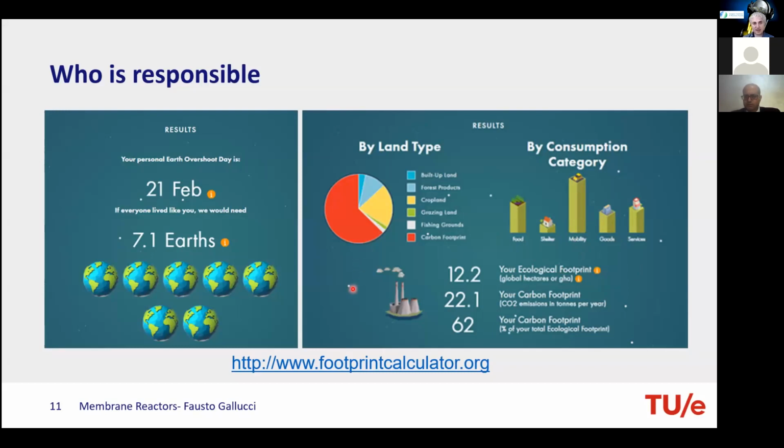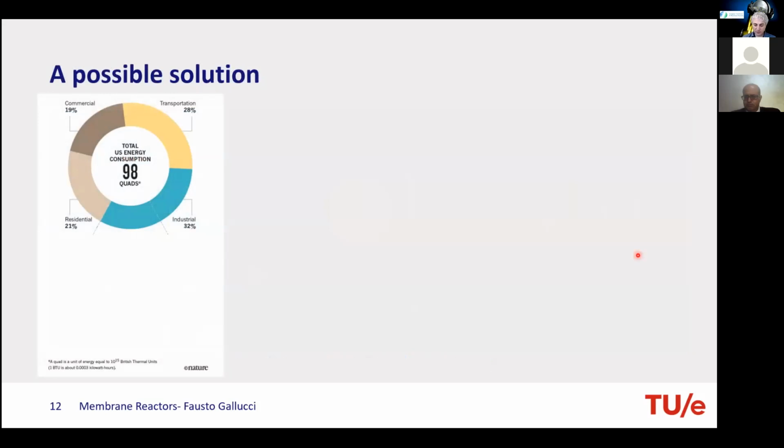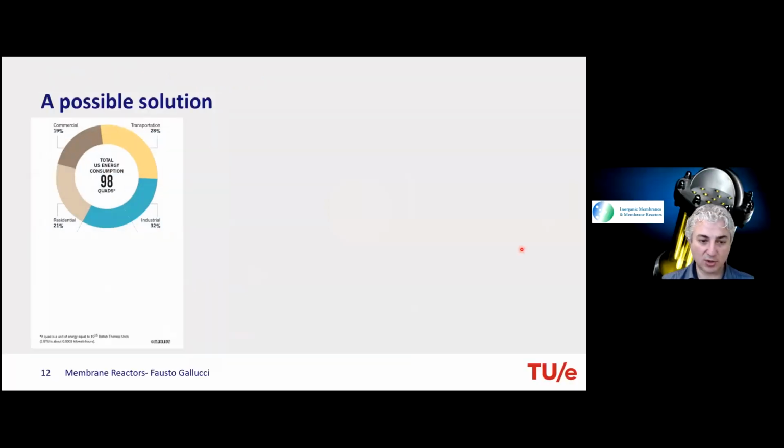Now, let's see how we can reduce this use of energy. A few years ago, there was a very nice paper in Nature, which is called "The 7 Separations That Could Save the World". And these numbers are for the US. And you see again that also in the US, except for the numbers themselves, the ratio is again divided in 4 parts, more or less similar.